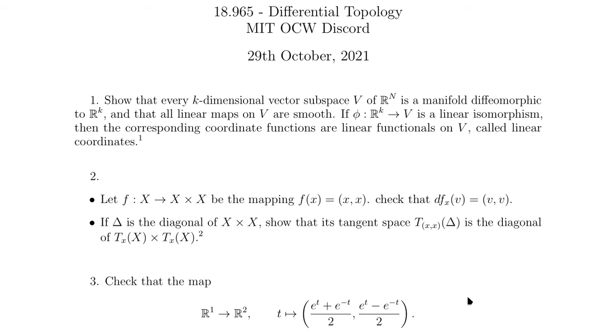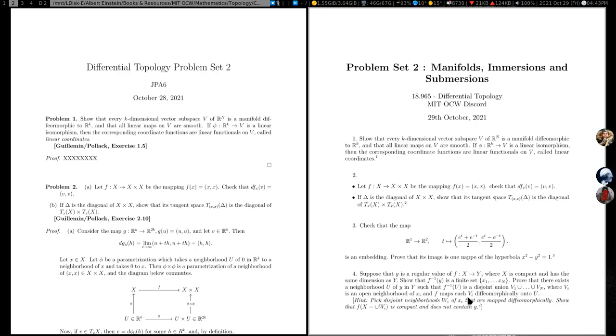Those are smooth on all of Rn, so their restriction is going to be a linear smooth map on V itself. And that's going to be the inverse of the mapping that we gave from Rk into V. So basically the coordinate functions are like projections from Rn into R? Yes, exactly, 100% projection.